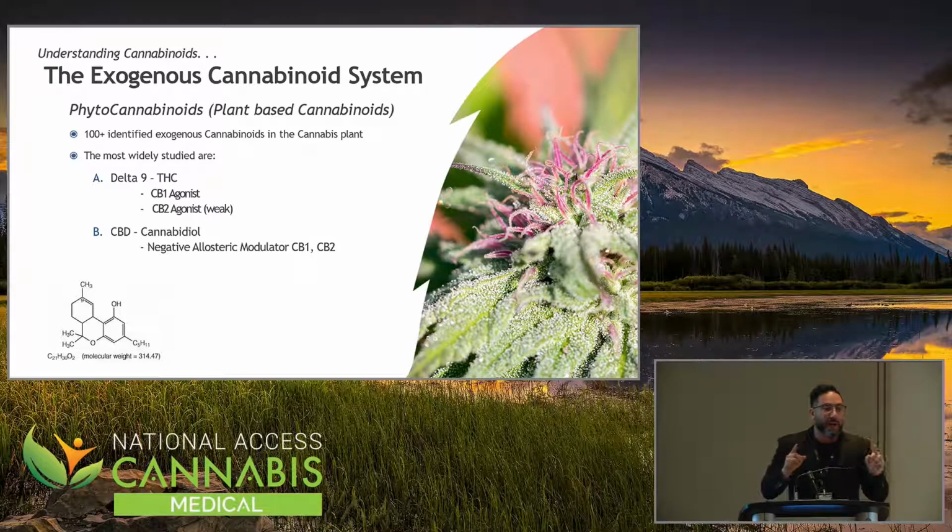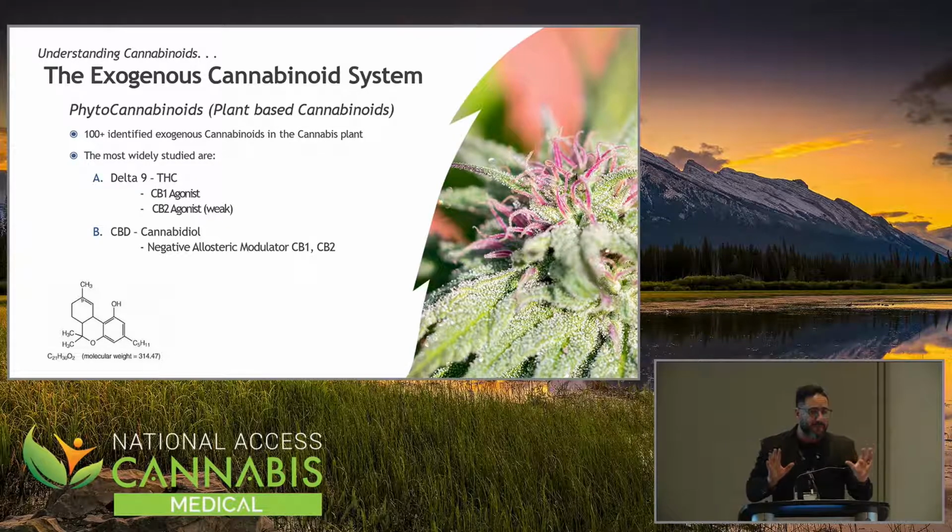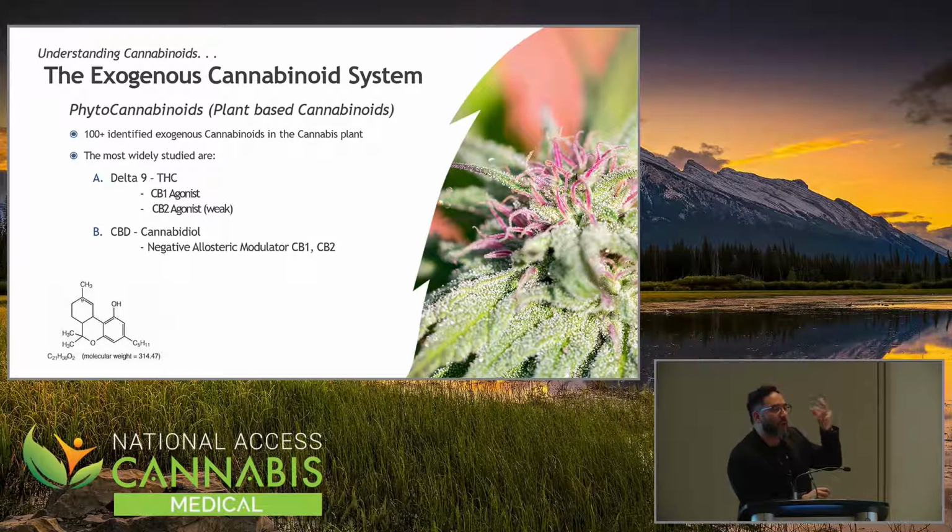So really kind of cool, right? So how does it do that? It does it through modulation of the receptors, that of the CB1 receptor. But you have a plant that has its own built-in safety mechanism. When you agonize the CB1 receptor, you're causing that action. That's the psychoactive effect that you're going to get, one of the effects.